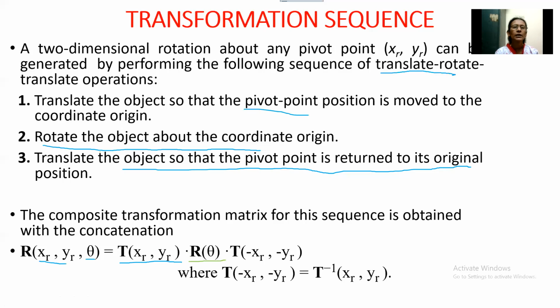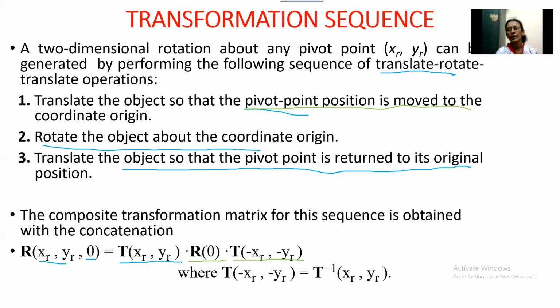Lastly, I write the first transformation that is done, that is translate the object so that the pivot point is moved to the coordinate origin, done by translation by minus xr minus yr.